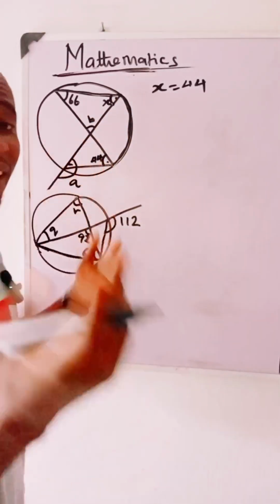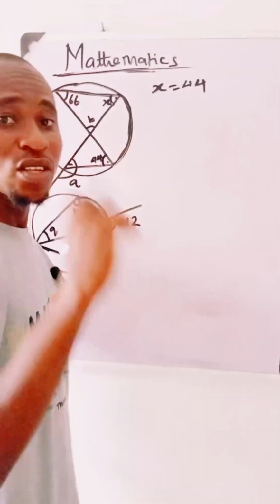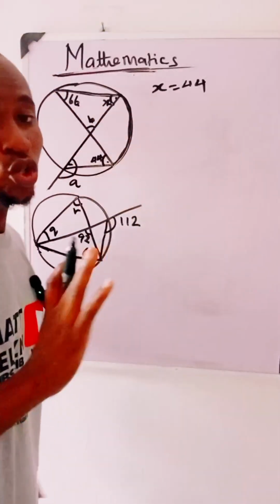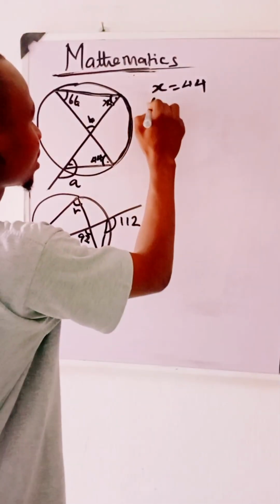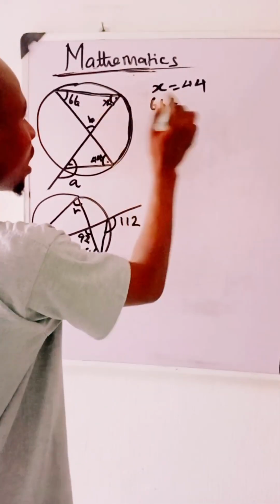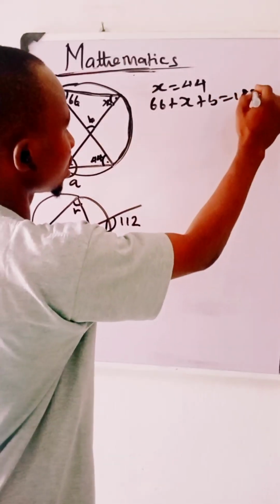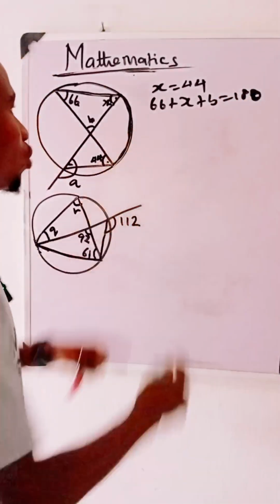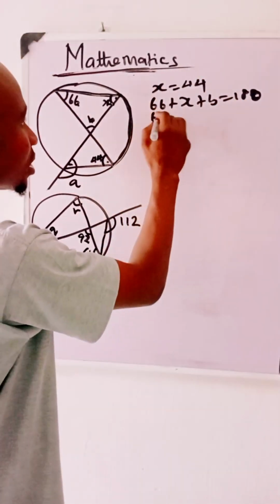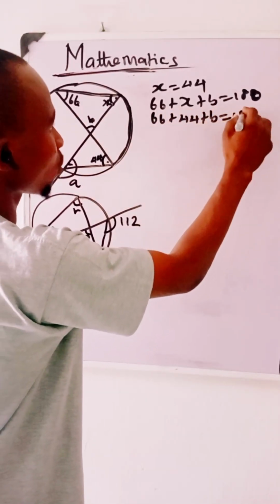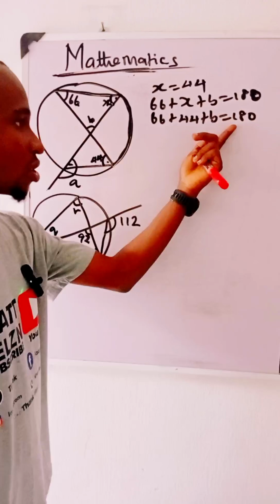Next I'm going to apply the sum of angles in a triangle, that is this plus this plus this is equal to 180. So I have 66 plus X plus B equal to 180 degrees. I know my X already, 44, so 66 plus 44 plus B equal to 180 degrees.